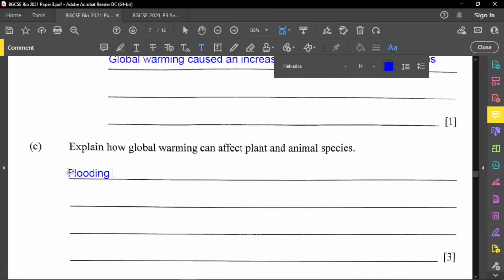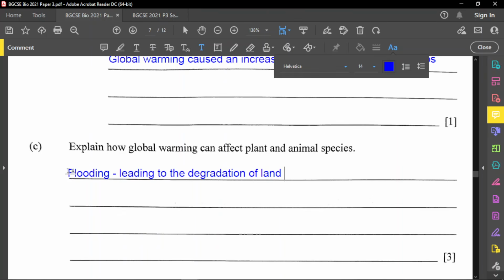Flooding will cause the degradation of land. So that's 1 point right there. Let's quickly look at some other points.